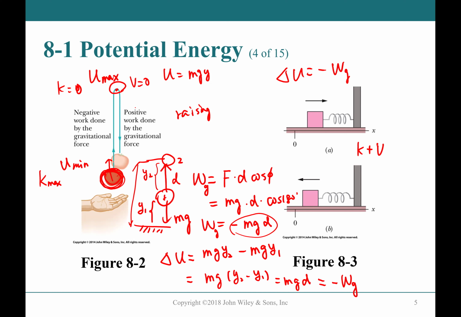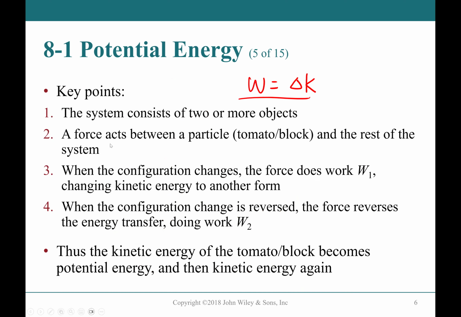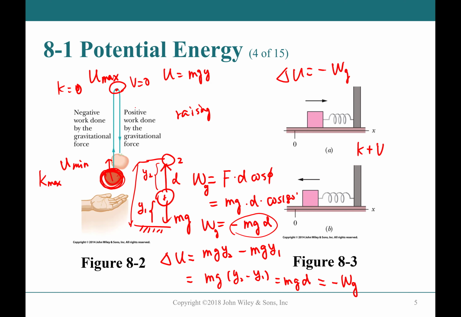That's because the height increases. So that is what I want to show you here. The potential energy converts to kinetic energy and kinetic energy converts to potential energy during the process of going up and also during the process of going down. Okay.